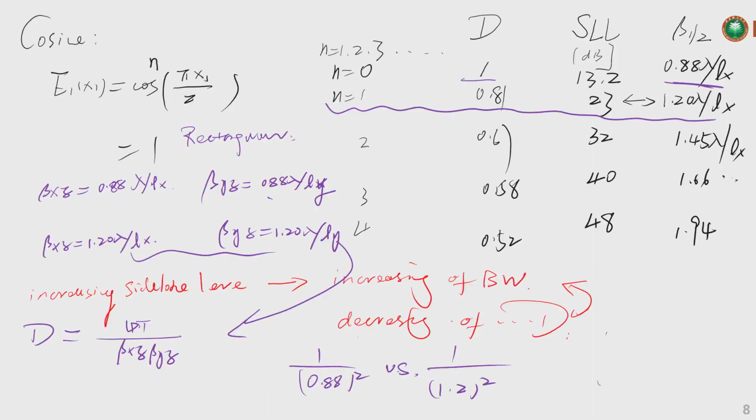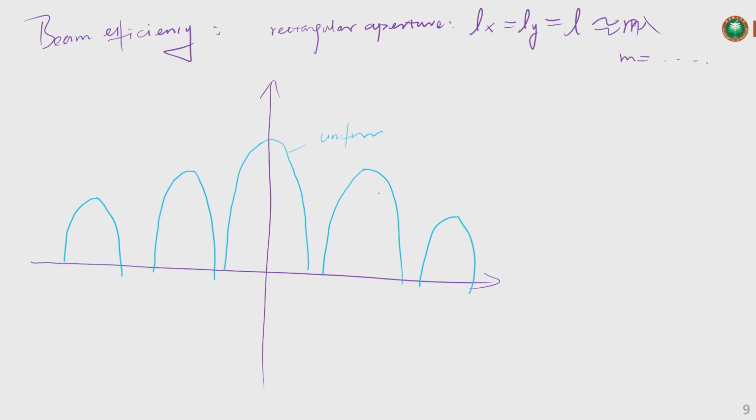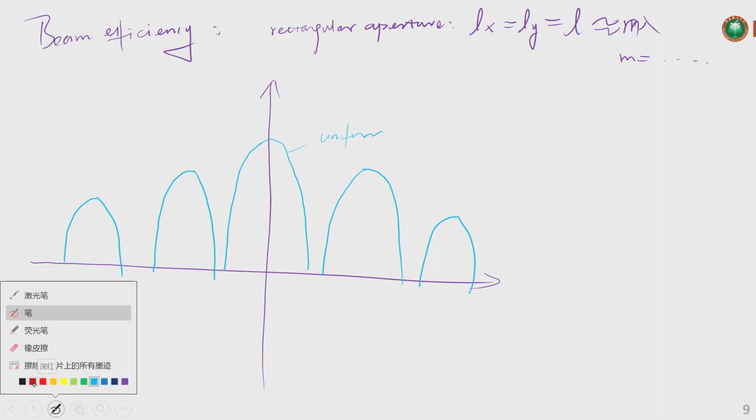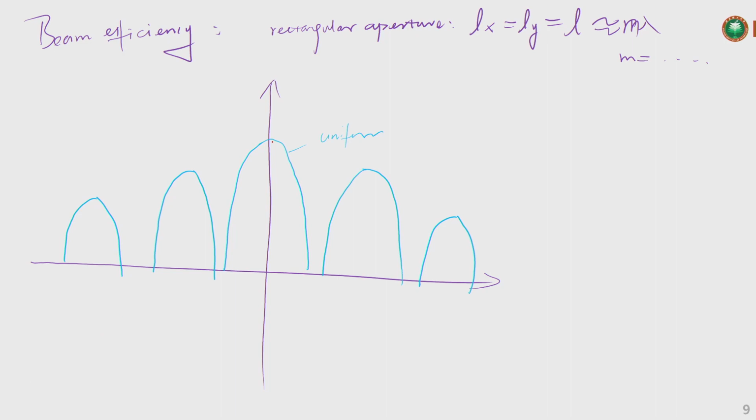And for the cosine taper with n equals 1, it's also normalized, 0 dB.